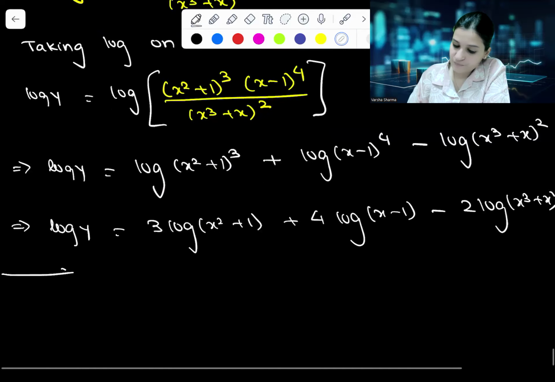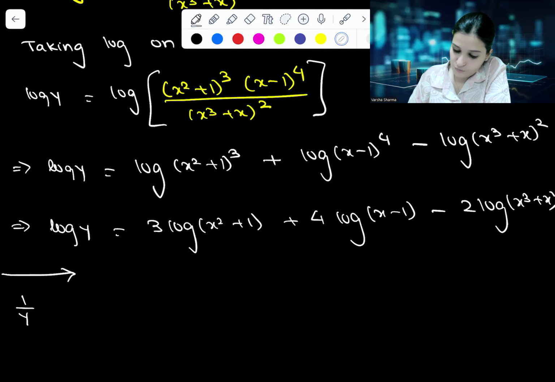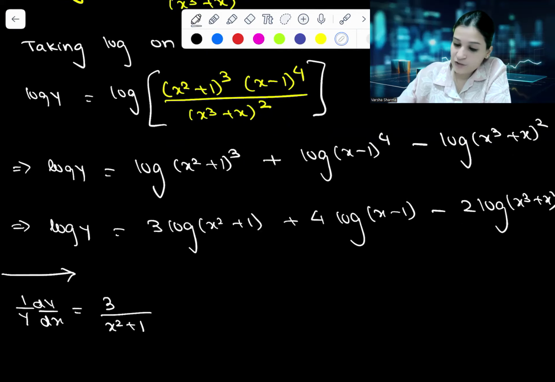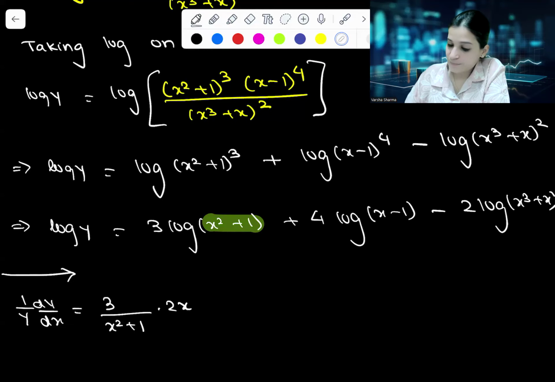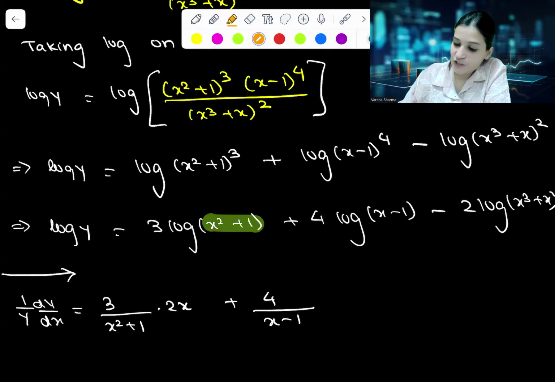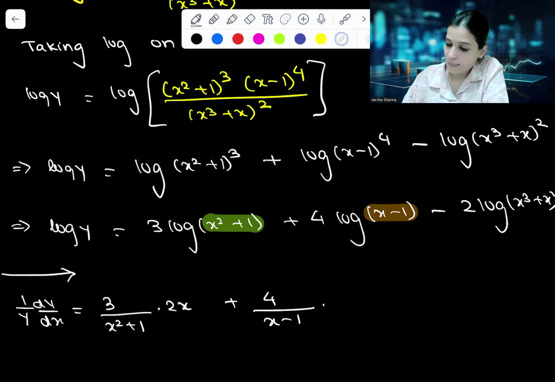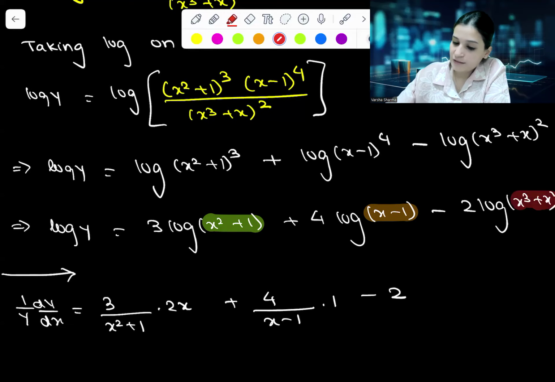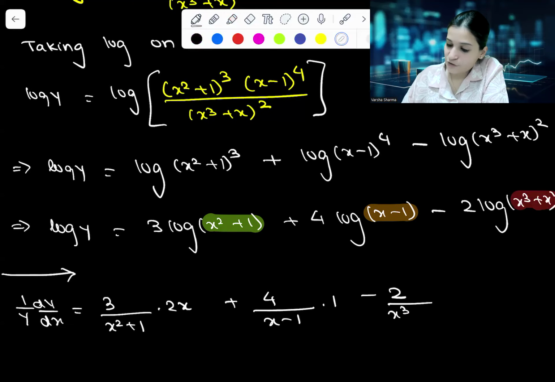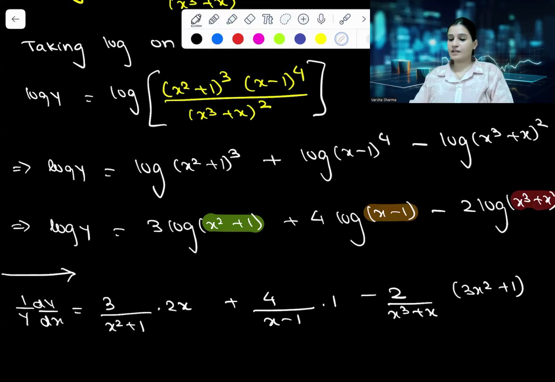Let's differentiate. Log y becomes 1 by y dy by dx. 3 log x is 1 by x, and this was the term instead of x, so by chain rule we get 2x. 4 log x is 1 by x, by chain rule we get 1. Minus 2 log x is 1 by x, from chain rule we get 3x square plus 1.